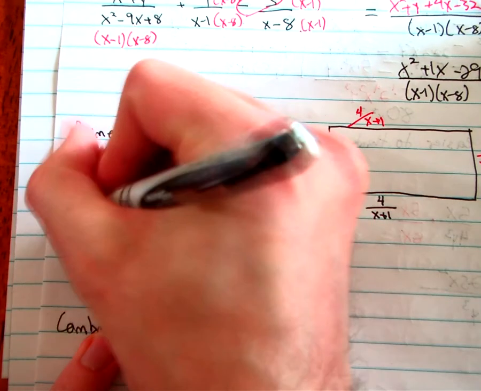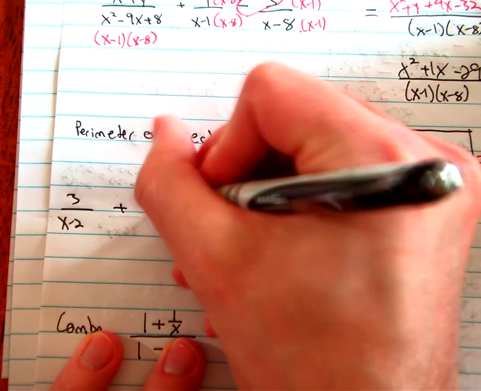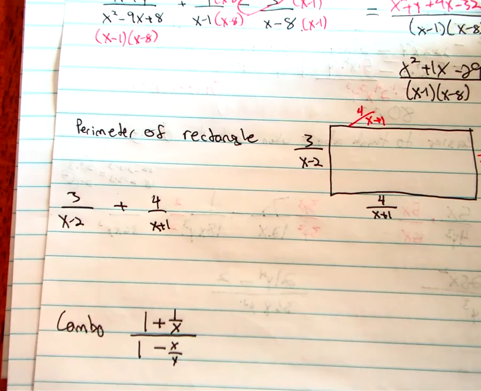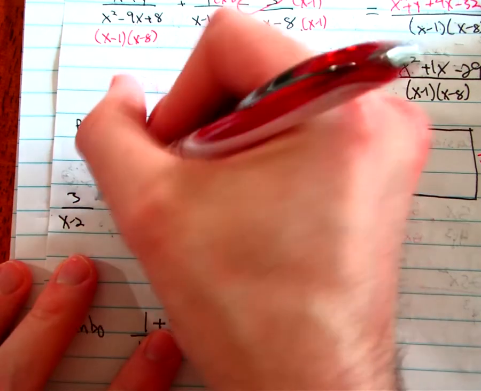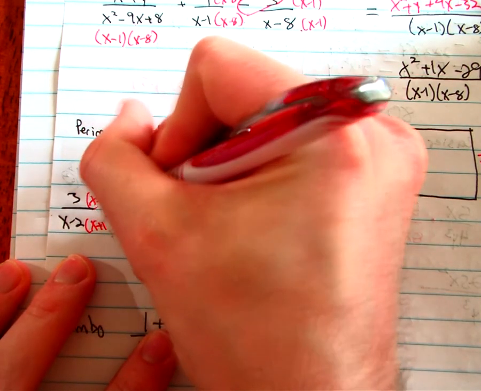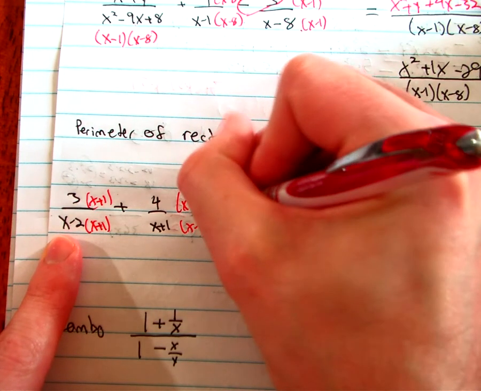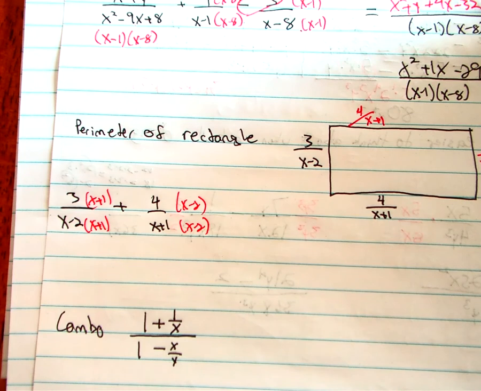So we would have 3 over x minus 2 plus 4 over x plus 1. Okay, there's nothing in common here. This is going to need an x plus 1. This one's going to need the x minus 2.